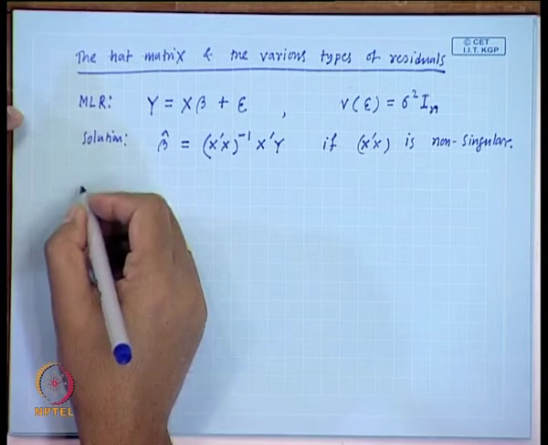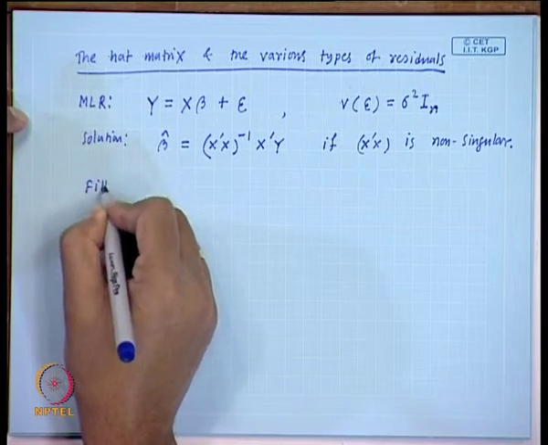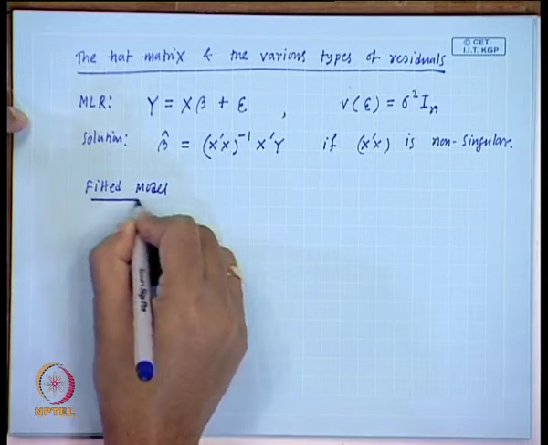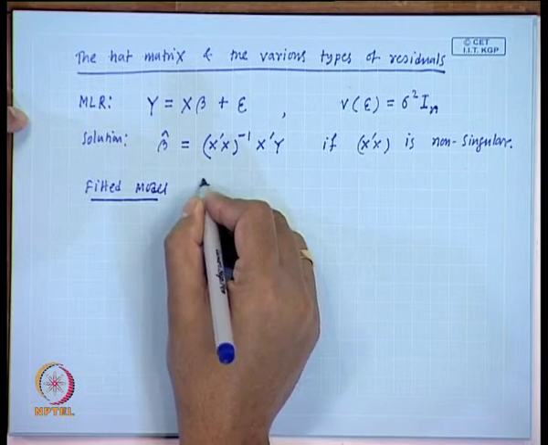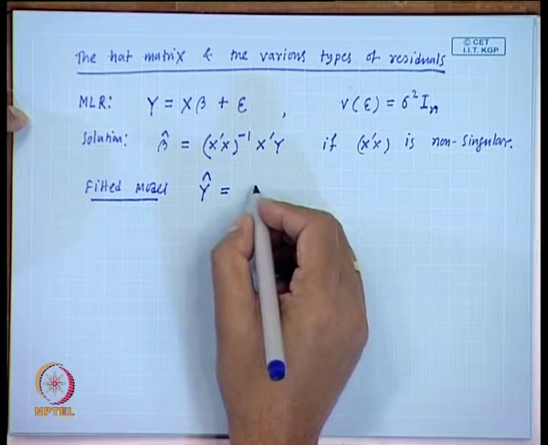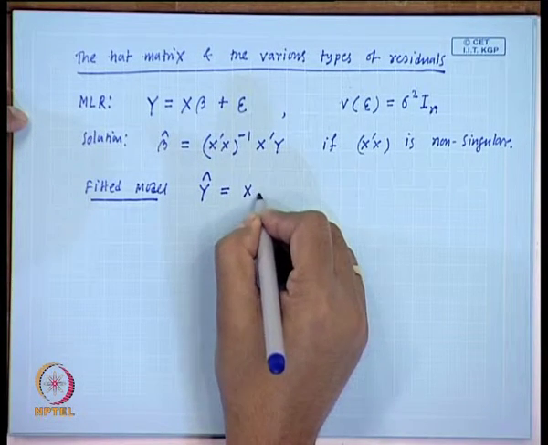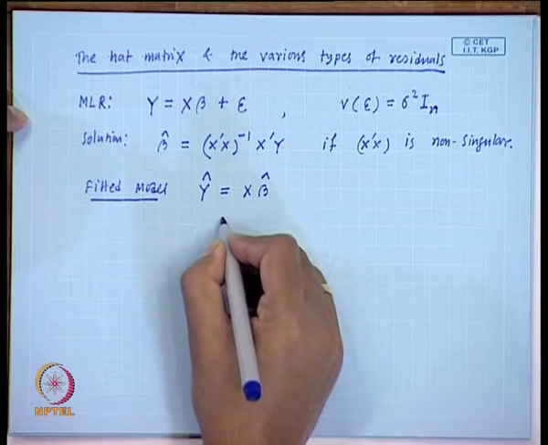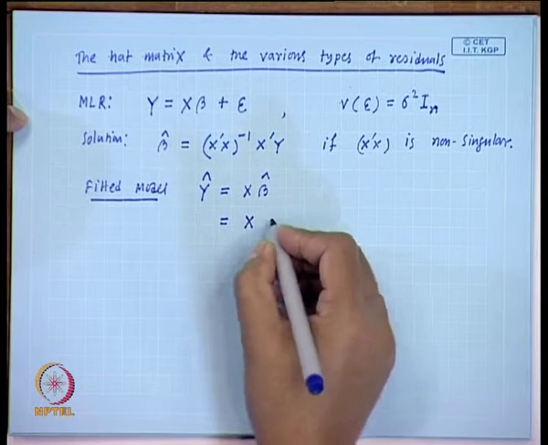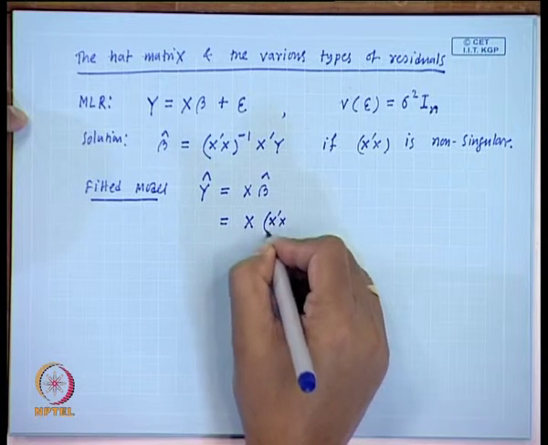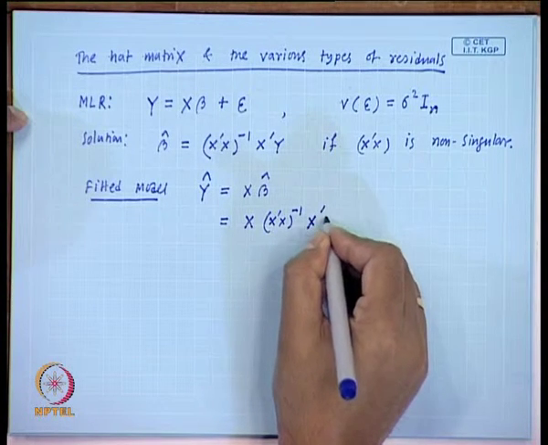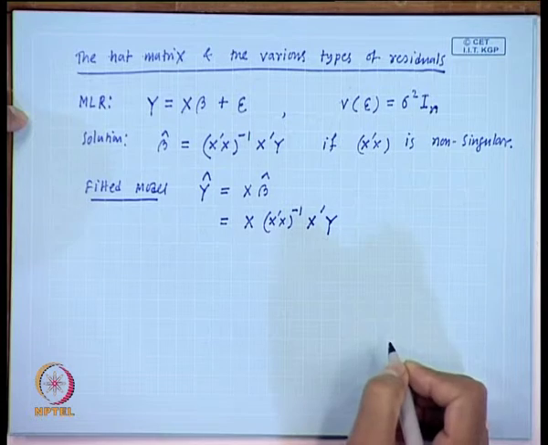So, the fitted model is y hat equal to X beta hat, which is equal to X (X prime X) inverse X prime y.